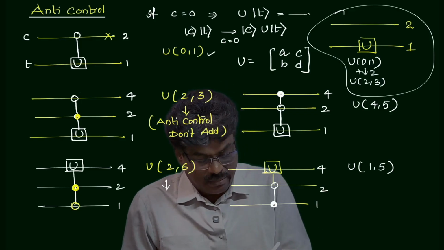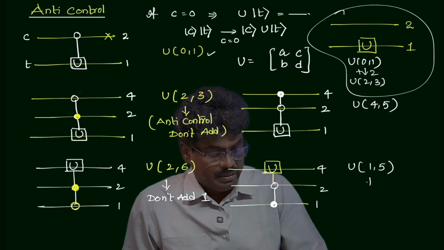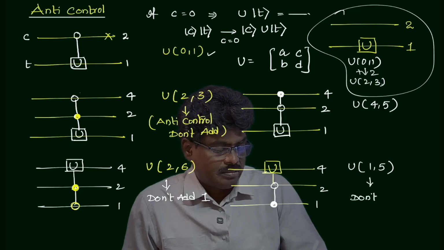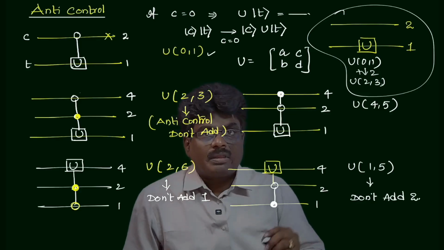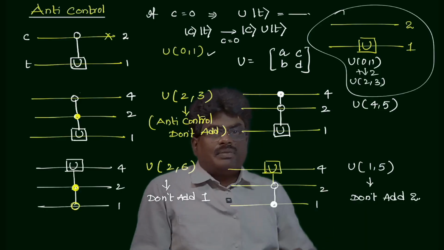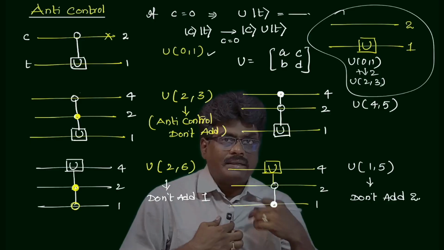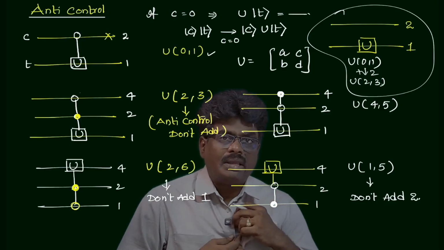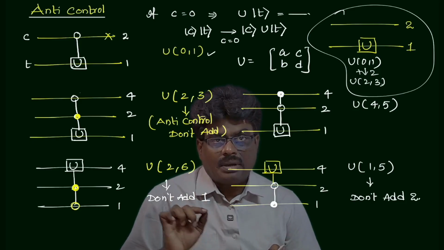So just here I'm writing, don't add 1 and here don't add 2. Right. So the only difference between earlier operations and this operation is that earlier we have added whatever decimal states remained, but now don't add that. That's it. Okay.